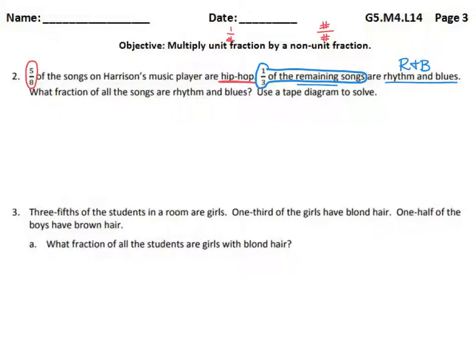Okay, so let's draw our tape diagram. Long and skinny. So the whole of our tape diagram is going to be all the songs. Make sense? Or one whole, also known as 1.